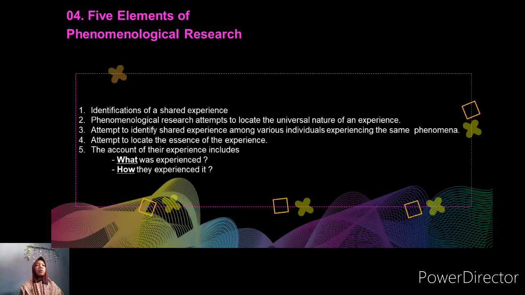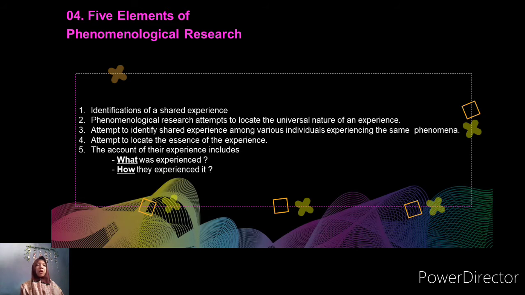And next we move to five elements of phenomenological research. The five elements are: 1. Identification of a shared experience. 2. Phenomenological research attempts to locate the universal nature of an experience. 3.